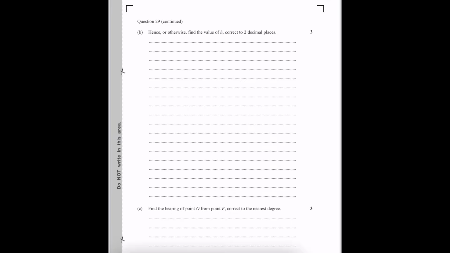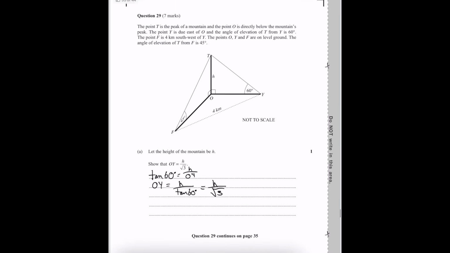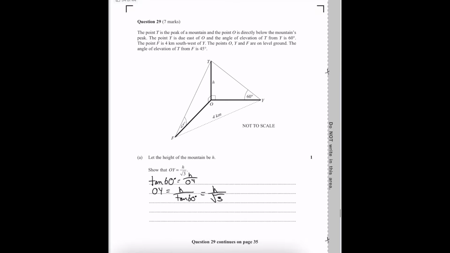Part B says, hence or otherwise, find the value of h corrected to 2 decimal places. So we're probably going to need to do something similar here, where OF is going to give us a similar equation.